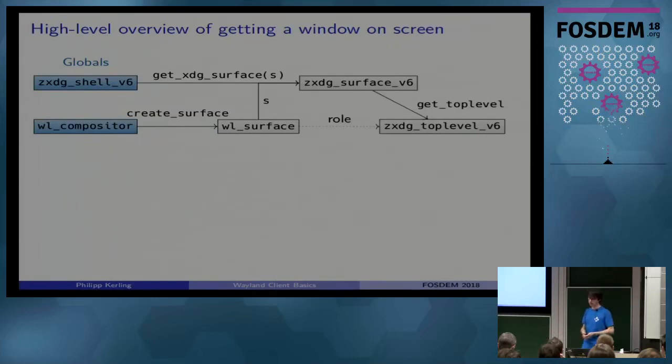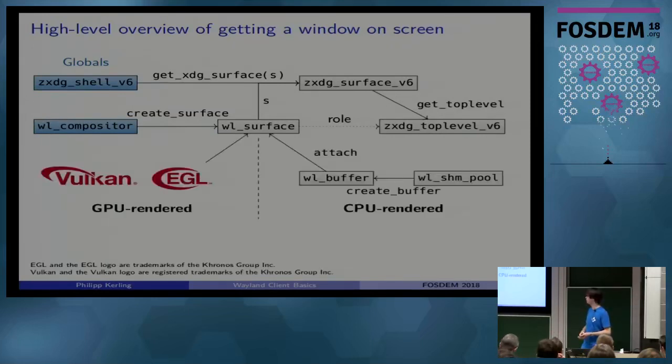So how do you get the content? There are, again, two possibilities. You can render on the GPU, or you can render on the CPU, roughly speaking. If you render on the GPU and use Vulkan or EGL, then you are pretty much covered, because that is quite easy to do. The interoperability is great, and you don't have to really set up much. If you use the CPU for rendering, then it's a bit more complicated, because you have to figure out how to get a shared memory buffer and how to share that with the compositor, which is what I'm indicating here.